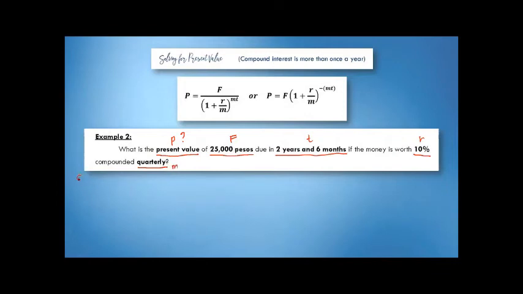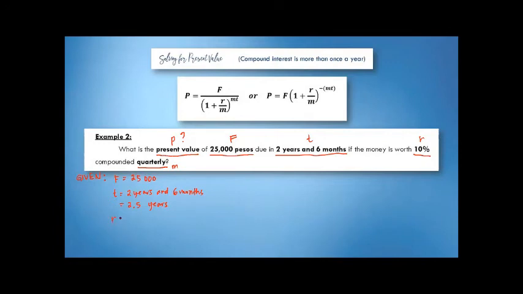So i-rewrite lang natin. So we have the given F is 25,000. Then time natin is isulat muna natin 2 years and 6 months. So kailangan natin siyang i-convert into years. So that is 2 years and half of a year. So that is 2.5 years.